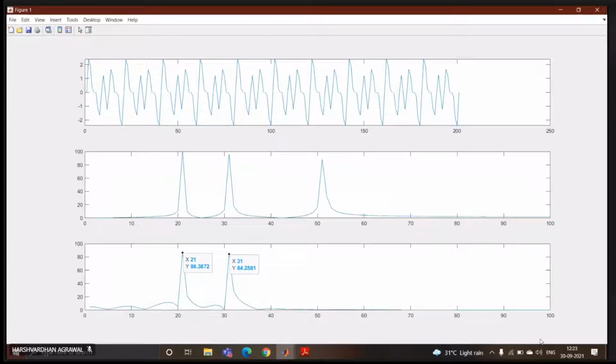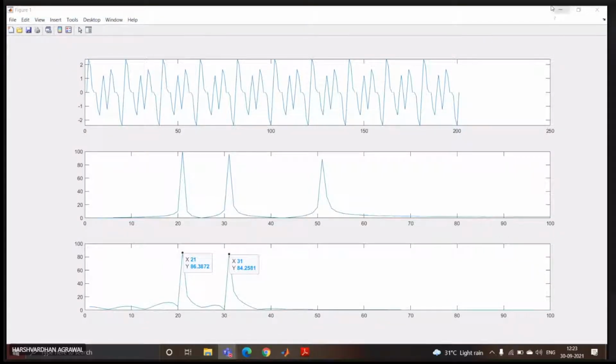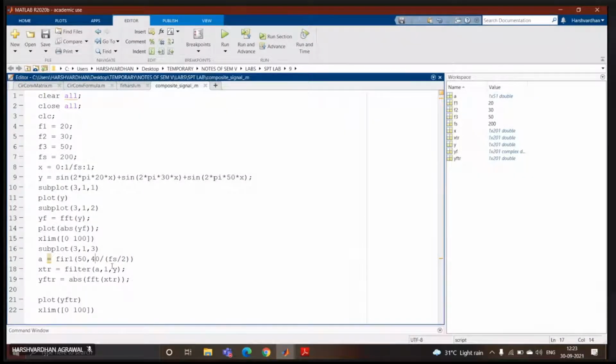You can change the cutoff frequency. You can change the low pass filter to a high pass one also. Like we can filter out 20 and 30, and only see 50 in the output. Can you do it? That's your task. You find out how to choose the cutoff frequency so that it becomes a high pass filter rather than a low pass.